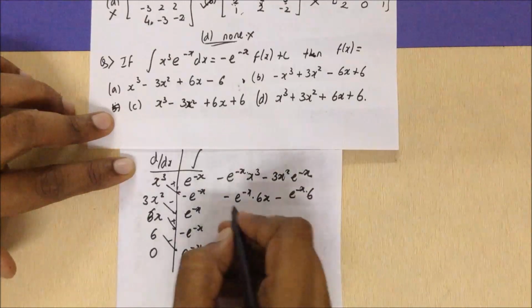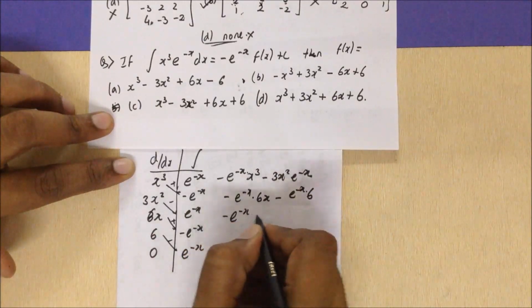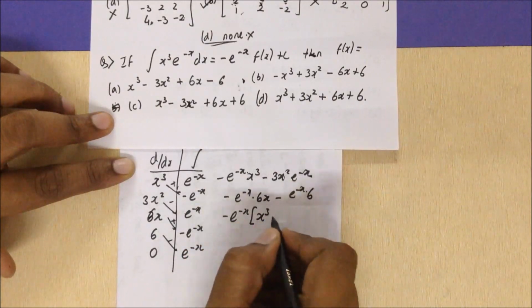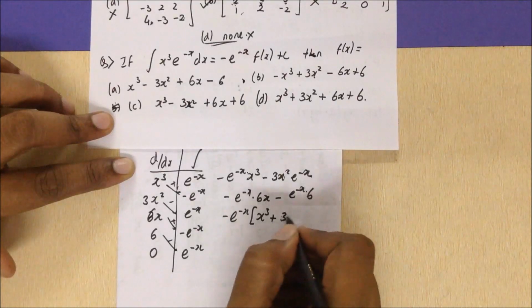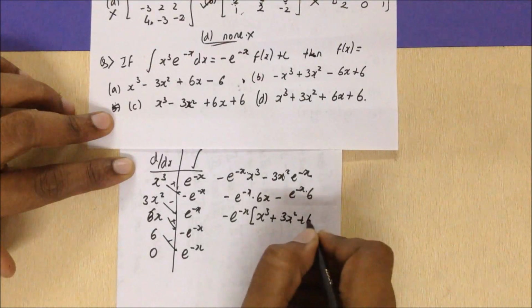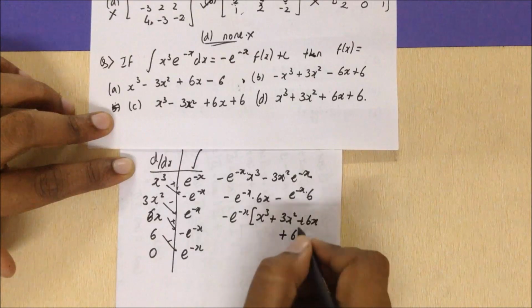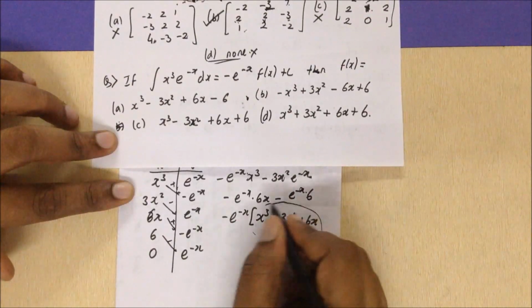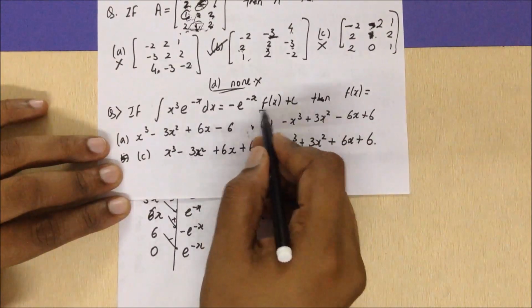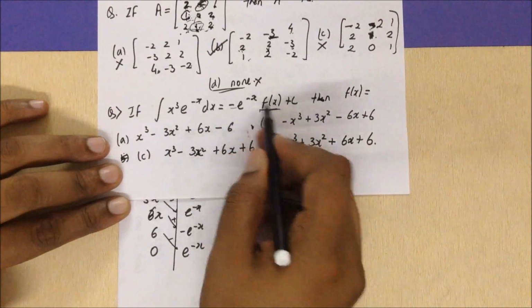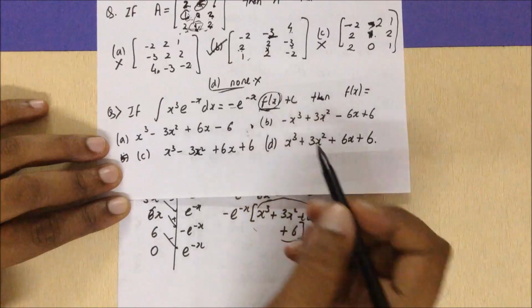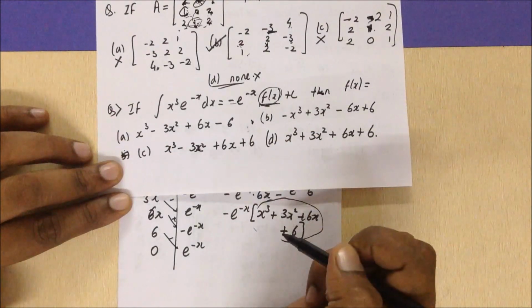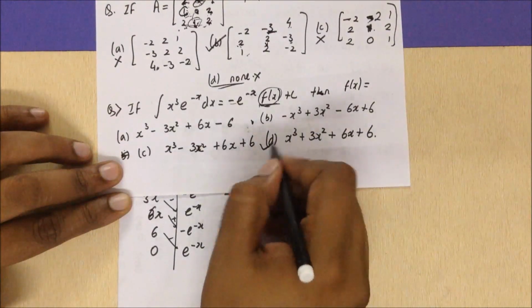So you can take the minus e raised to minus x common. Inside it's going to be x cube plus 3x square plus 6x plus 6. You need to find this particular function itself, because in the question it is asked f of x, with minus e raised to minus x times f of x. So you need to find f of x. So your f of x is going to be nothing but your option D.